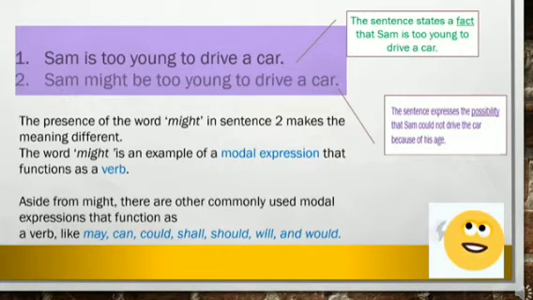Sentence number 1, Sam is too young to drive a car, states a fact. While number 2, Sam might be too young to drive a car, expresses the possibility that Sam could not drive the car because of his age. So the presence of the word might in sentence number 2 makes the meaning different.